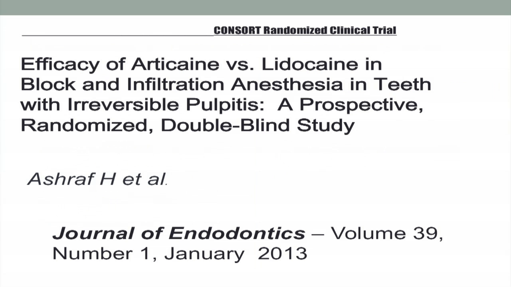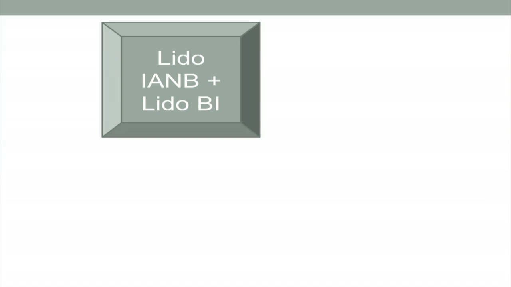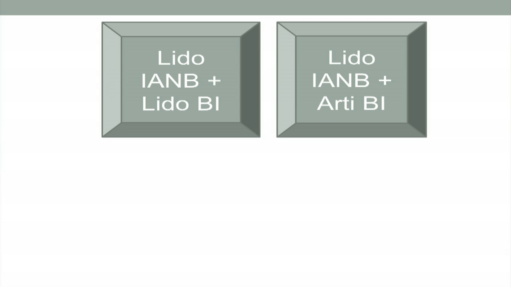Here's another article that focused on a comparison of articaine versus lidocaine in various combinations for the initial inferior alveolar nerve block and for a supplementary infiltration with one of the 2 agents. In this study, there were 4 groups of subjects. One group received the inferior alveolar nerve block using lidocaine supplemented with a lidocaine buccal infiltration. A second group received the lidocaine inferior alveolar nerve block with an articaine buccal infiltration.